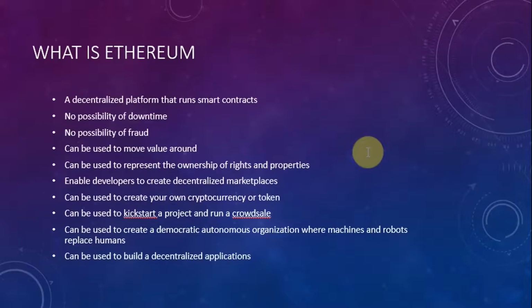Then Ethereum enables developers to create decentralized marketplaces. Just like I was explaining, because of the advent of smart contracts, Ethereum can be used by developers to create marketplaces. So with Ethereum, you can actually create your DApp, and that can be a marketplace.